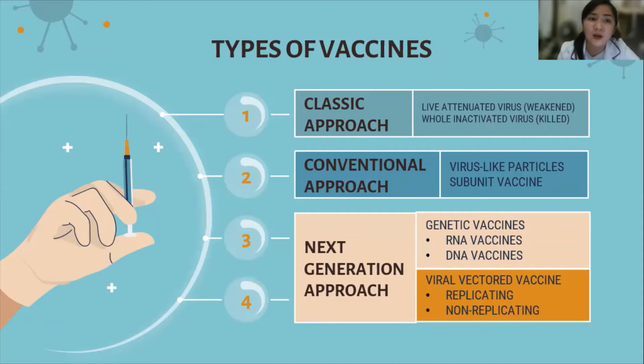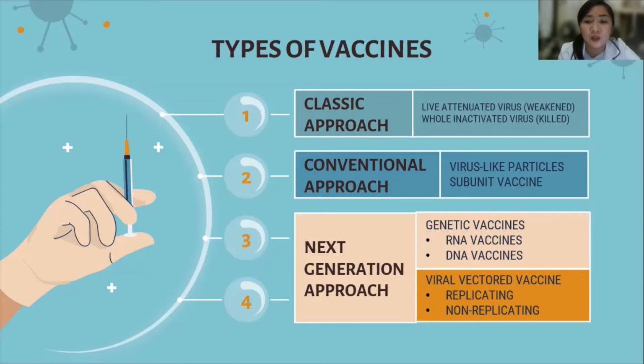Since there are huge advancements in vaccinology, it has opened multiple other approaches to developing vaccines where there is no need for handling the actual virus. What we need is just the sequence coding of the virus. Like the conventional approaches, this includes the virus-like particles and subunit vaccines, and the so-called next generation approach.